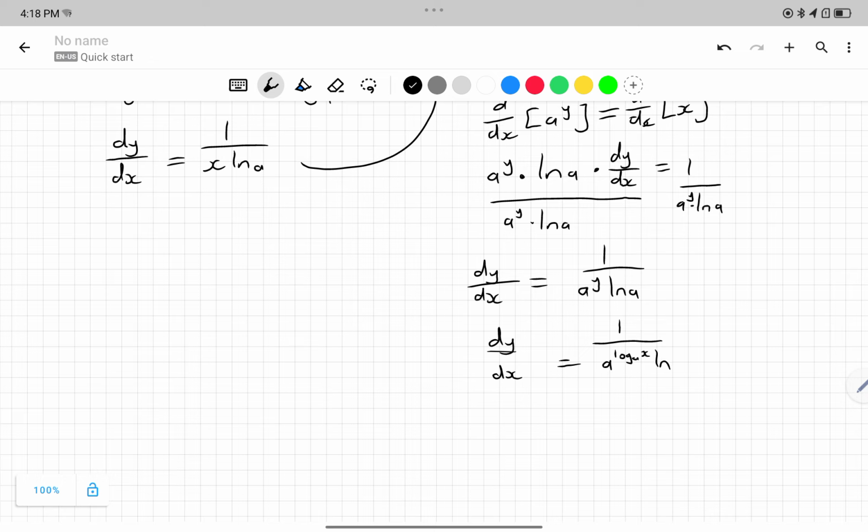Right. So if you have e to the exponent of ln x, the answer would be x. The same is true here.